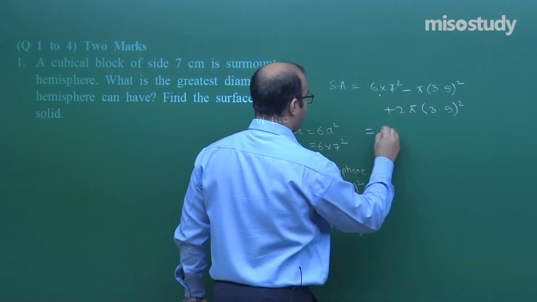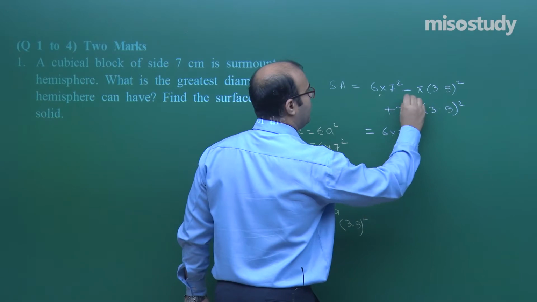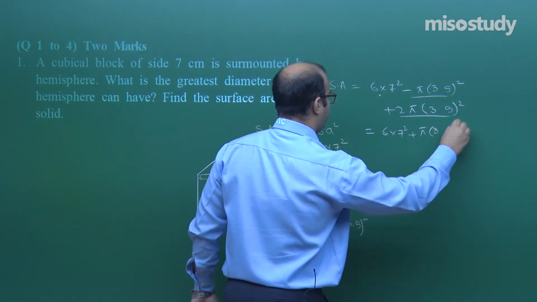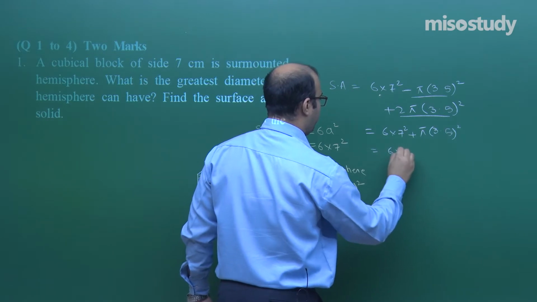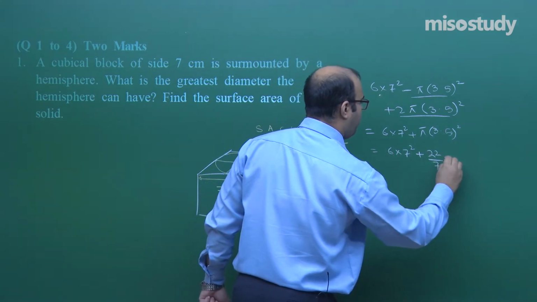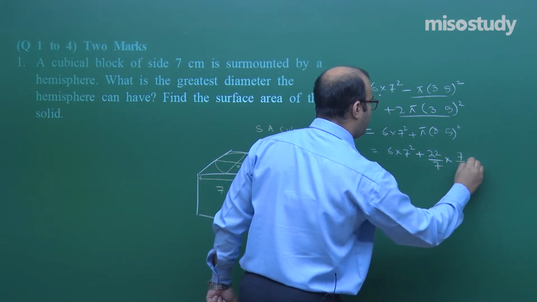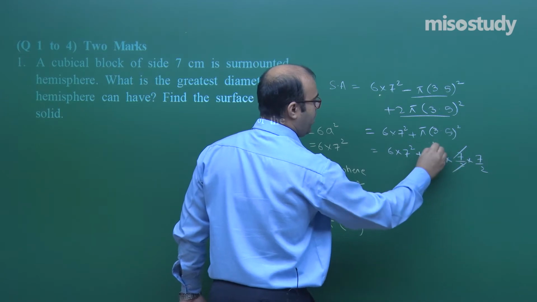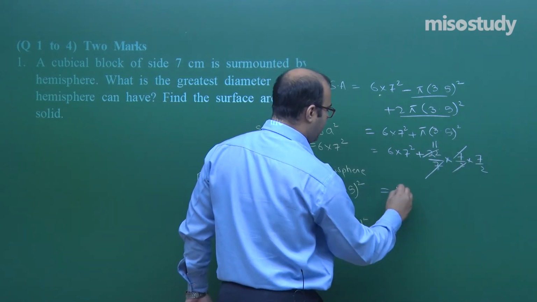So this becomes 6 into 7 square plus pi into 3.5 square. Pi is 22 upon 7 and 3.5 is 7 upon 2, so 7 upon 2 into 7 upon 2. This 7 will cancel, this becomes 11, and we can take 7 as common.